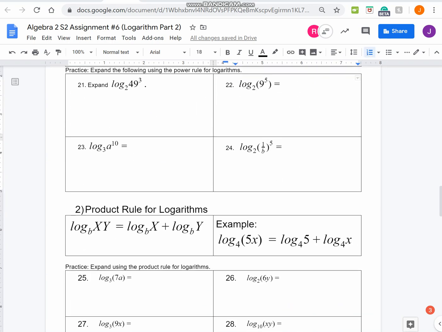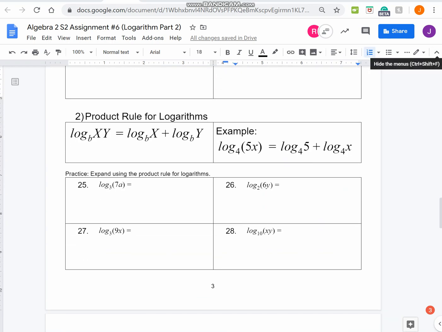Now then, the product rule is really similar to the exponent product rule. So when you are multiplying x and y for the argument, you can break it down into log base b of x plus log base b of y.